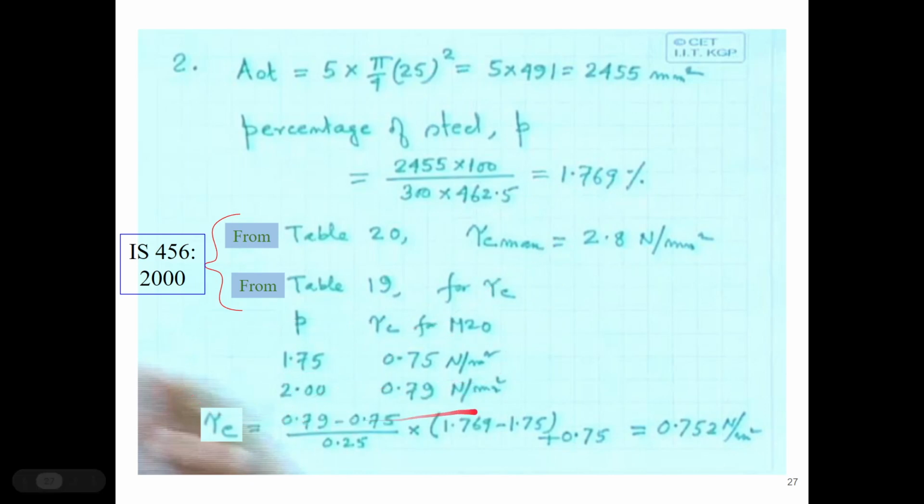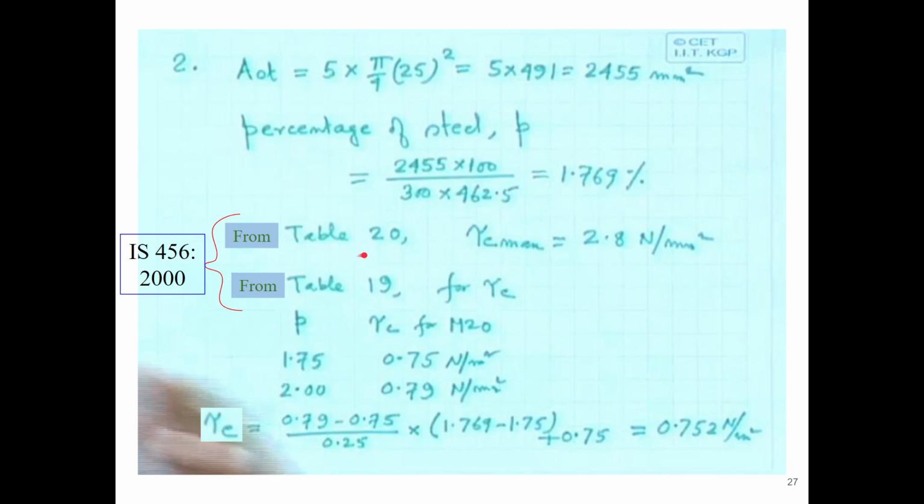So through interpolation, the tau c value will come as 0.75 plus (0.79 minus 0.75) into (1.769 minus 1.75) divided by (2 minus 1.75), which is 0.25. So this value comes to be 0.752 megapascal, and this is the shear strength of concrete.